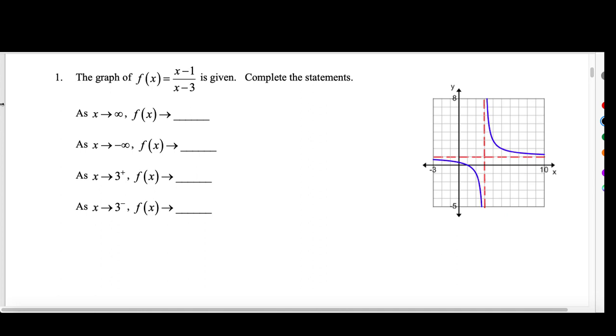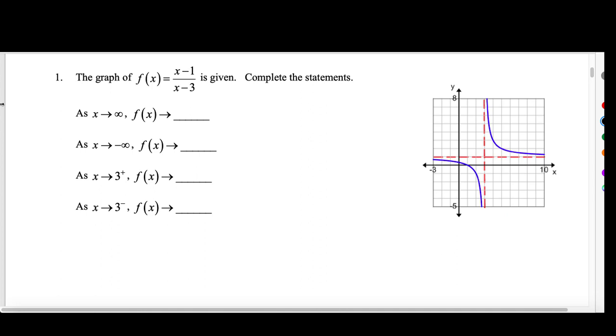You see the vertical dotted red line and the horizontal dotted red line. Those are not actually parts of the graph itself. The graph of the function is the solid blue lines there. But the dotted lines represent asymptotes. What you see with the vertical dotted line is that the graph approaches that vertical line, but it never quite touches it, right?